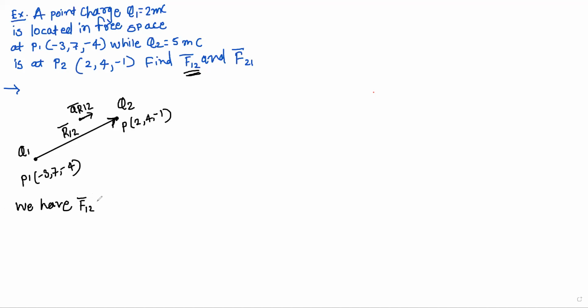F12 bar is equal to Q1 Q2 upon 4 pi epsilon naught R12 square A bar R12. Why have I taken epsilon naught? Because it is free space. If some other medium is given, that value I will take here instead of epsilon naught.